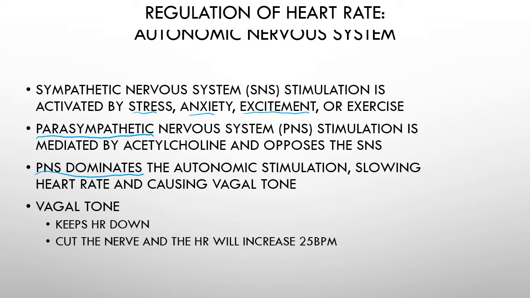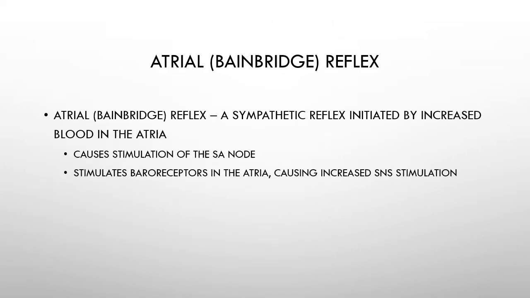So if we left the heart, in a sense, kind of on its own, our heart rate, rather than being 75 beats per minute, would be more like 100 beats per minute. But that parasympathetic tone that we have, and more so because it's coming down from the vagus nerve, our cranial nerve, the vagus nerve, it is going to keep our heart rate lowered down as much as 25 beats per minute, versus if we turn off that vagal tone.